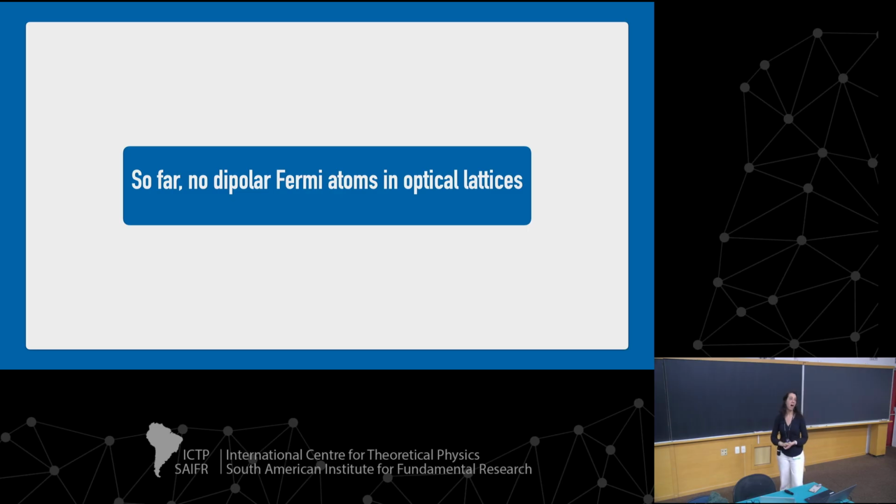So far, no dipolar fermionic atoms on optical lattices. So I think this is something that could be done in the next years, and is something very interesting. So it's not there, but we can calculate, maybe, you know, help experimentalists.